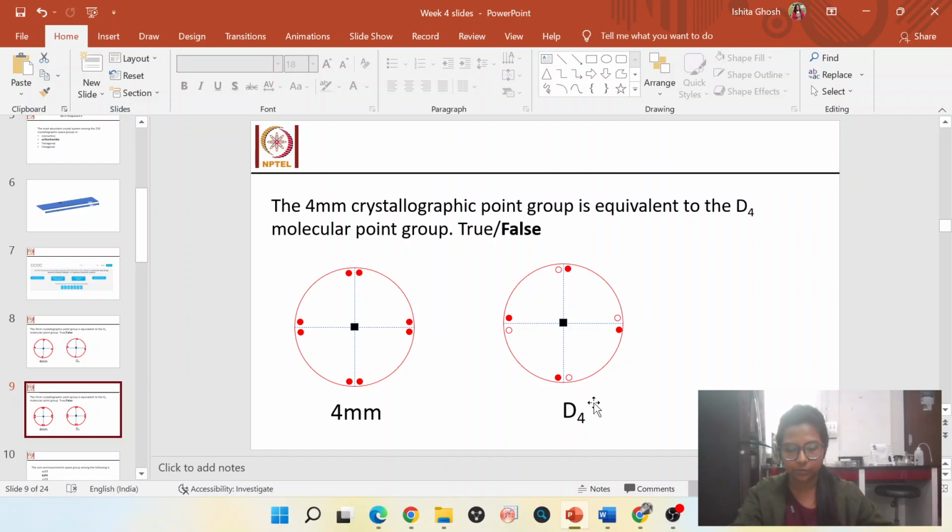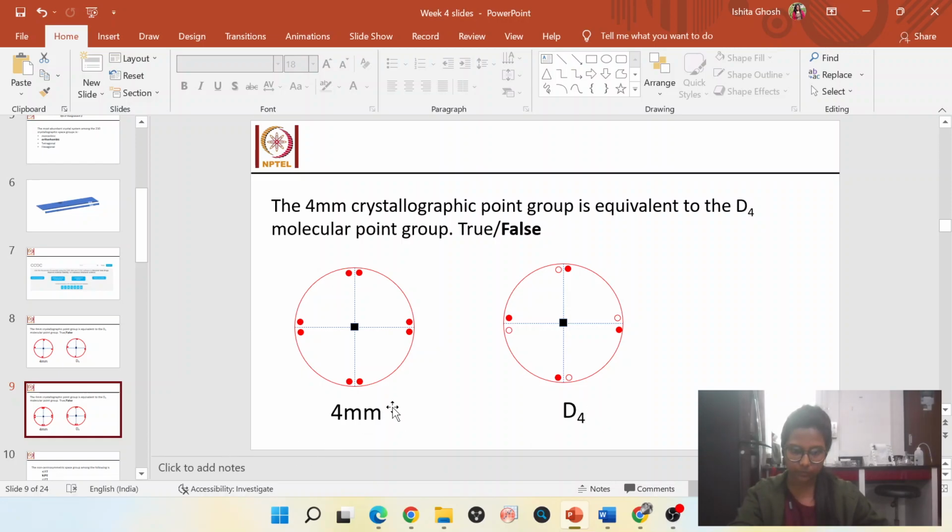But in D4 there is only C4 followed by 2 perpendicular axes, so there is no mirror. So the point group which is actually equivalent to D4 is 4, 2, 2. Yes, there is the principal axis 4, followed by 2 folds. So it is 4, 2, 2.